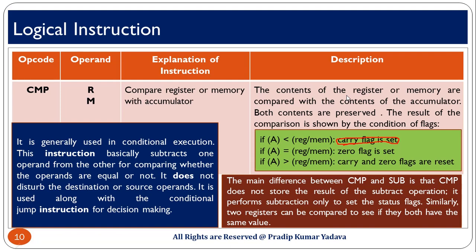The main difference between CMP and SUB is that CMP does not store the result of the subtract operation. It performs subtraction only to set the status flags. Similarly, two registers can be compared.